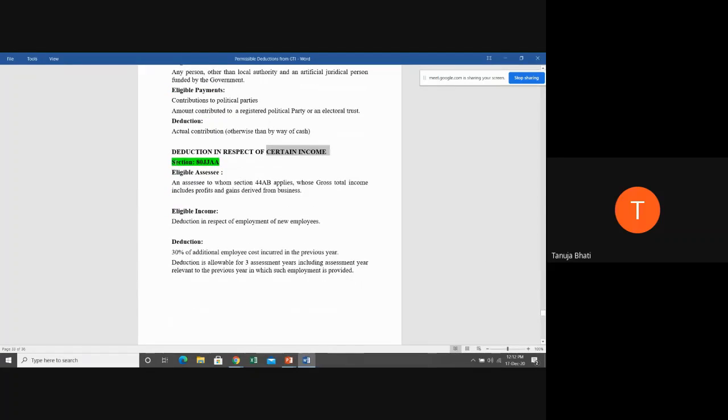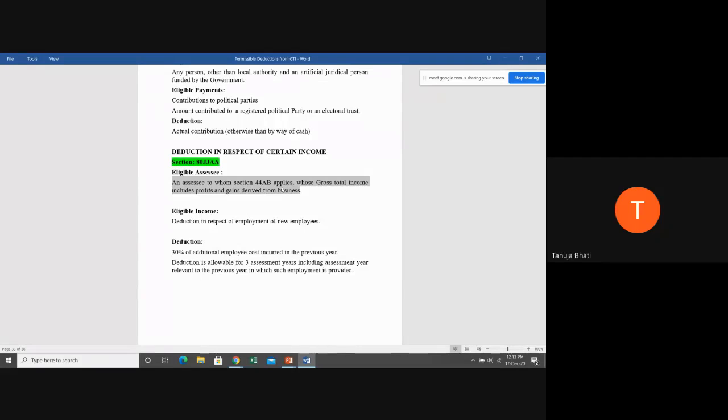So the first section is section 80JJAA. Now, who is going to get this deduction? An assessee to whom section 44AB applies. Just remember that 44AB covers those categories of people or business classes to whom income tax audit is required.